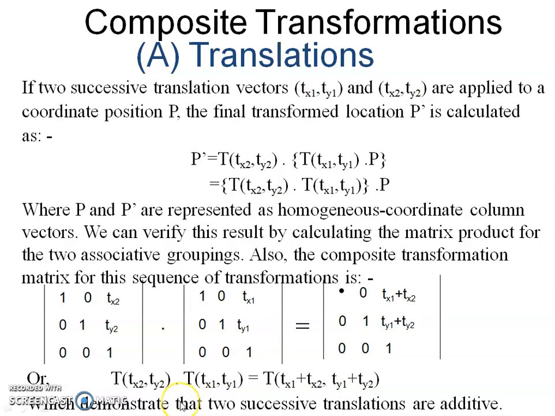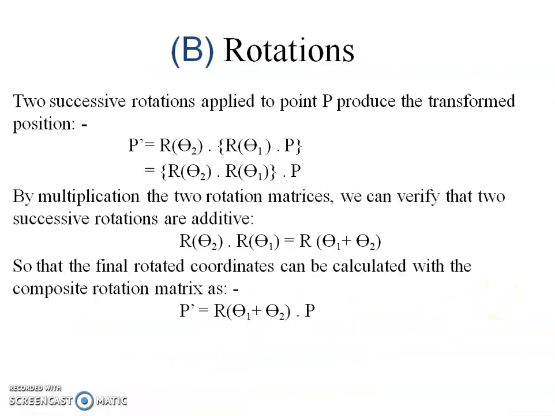Or we can write this as T of tx2, ty2 into T of tx1, ty1 is equal to T of tx1 plus tx2, ty1 plus ty2. That is, two successive translations are additive.